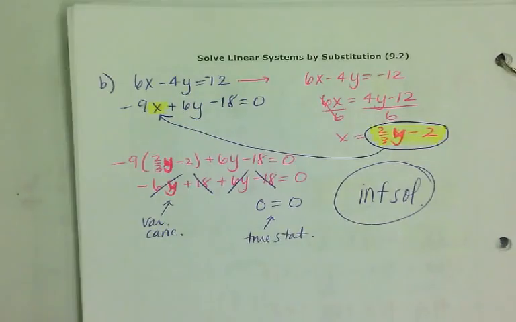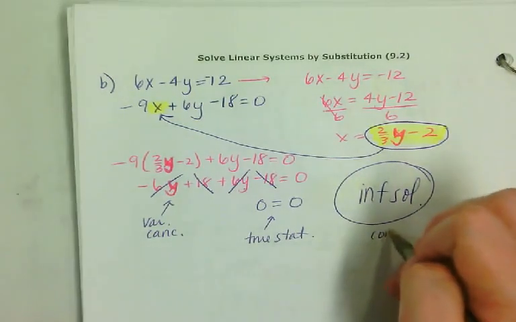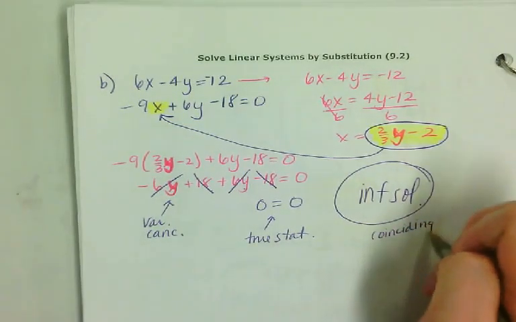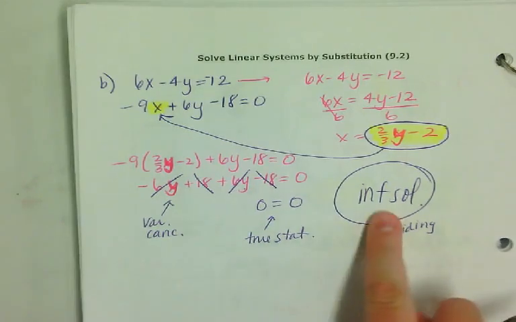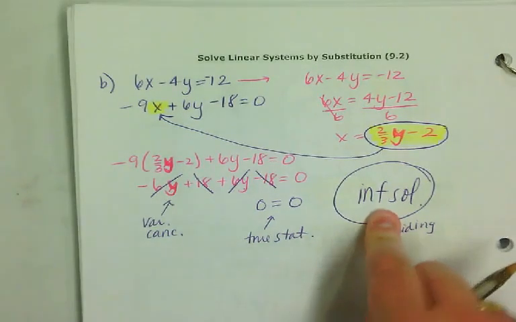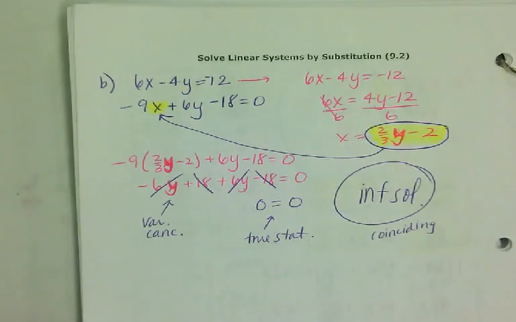That means these are coinciding lines. They share every coordinate point. It is an infinite solution system. So my answer, if this was a test question or a homework question, would be infinite solutions.